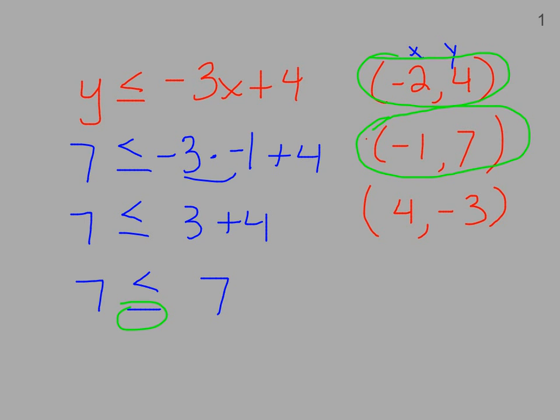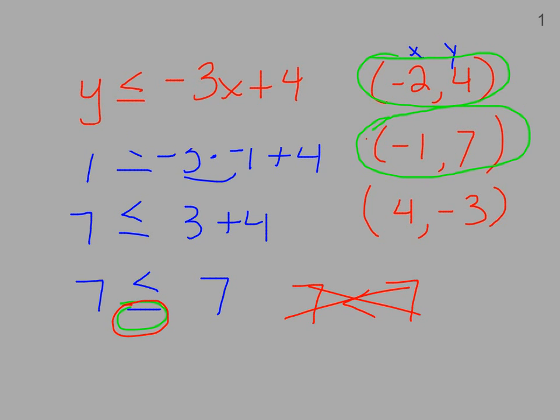Now, if you end up with something like 7 is less than 7, and it doesn't have the or equal to, that's not true, because 7 can't be less than 7. But with this case, because it has that or equal to, 7 is equal to 7, and that's one of the options, and so it works.